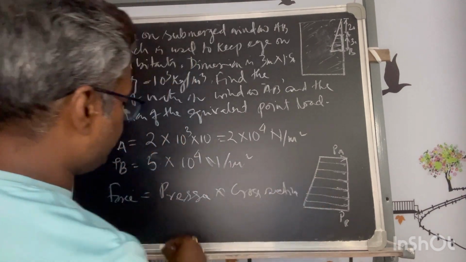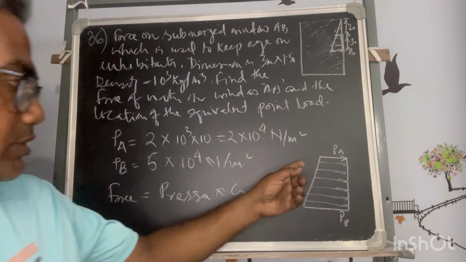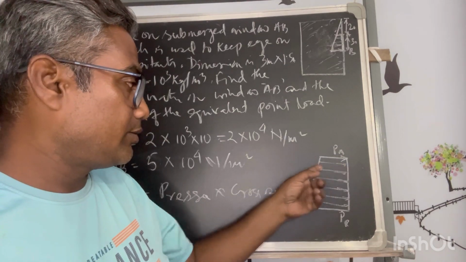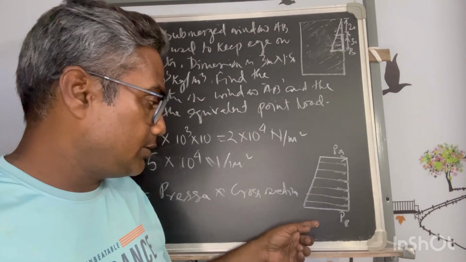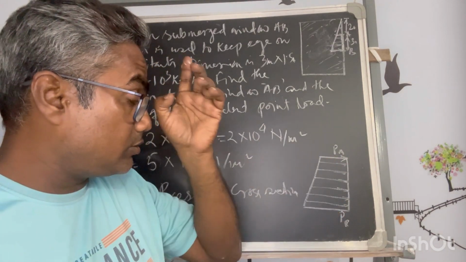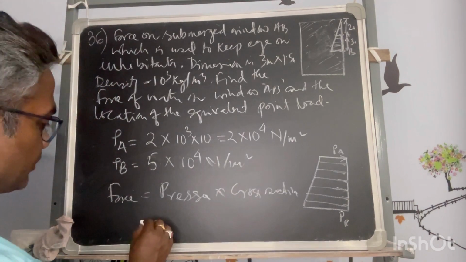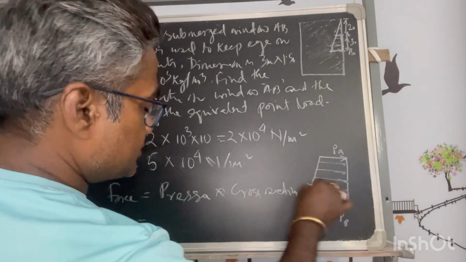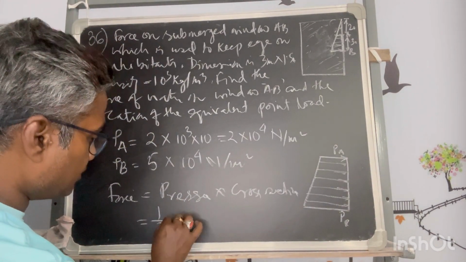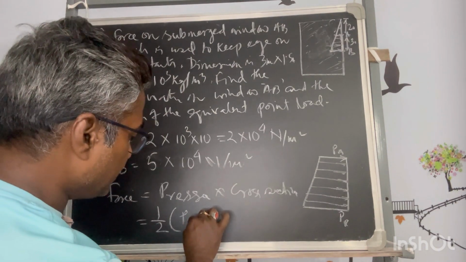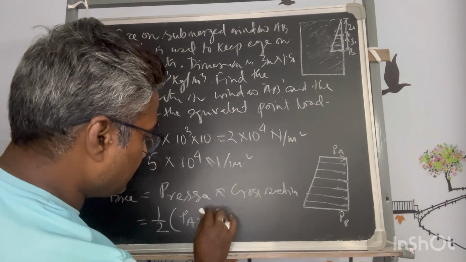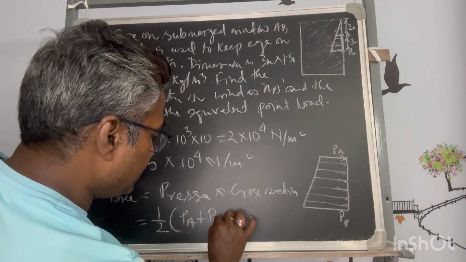But in this case, what pressure will we take? Because pressure is varying but uniformly varying, what is the effect of that varying pressure? You can say it is the average pressure between P maximum and P minimum.